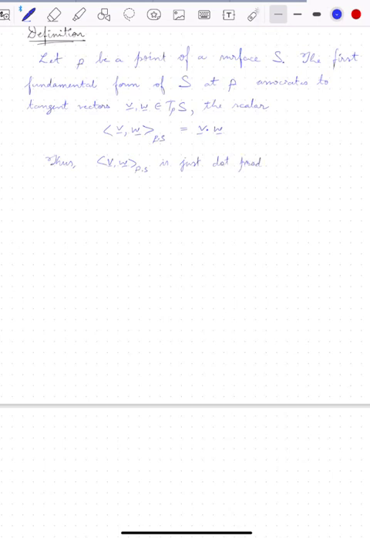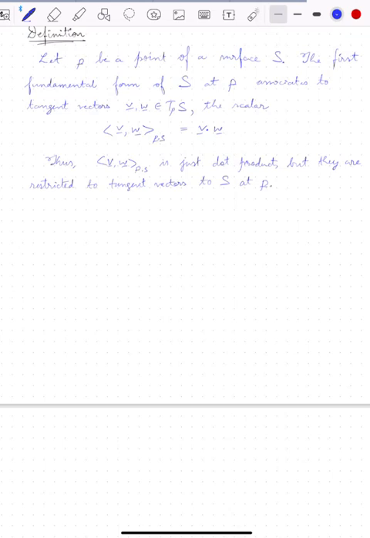However, there is a catch. They are restricted to tangent vectors to S at P vector.